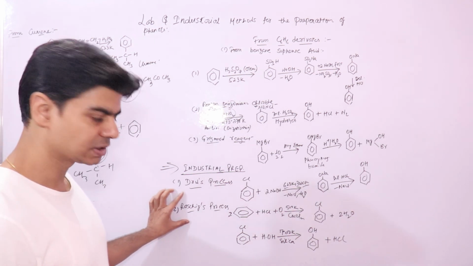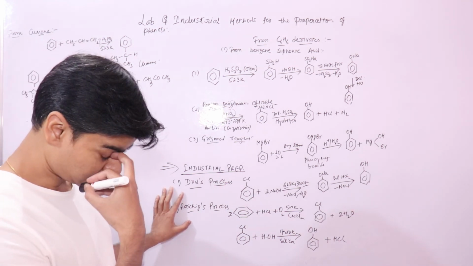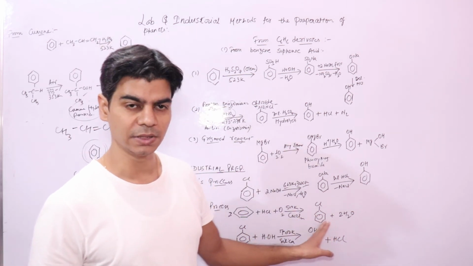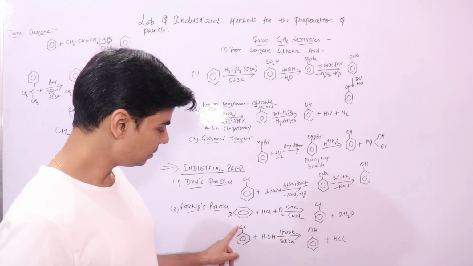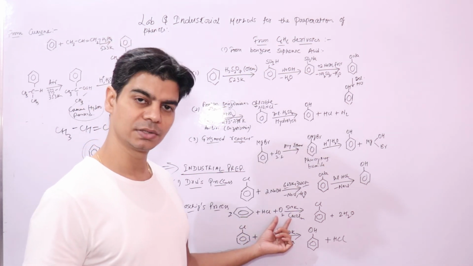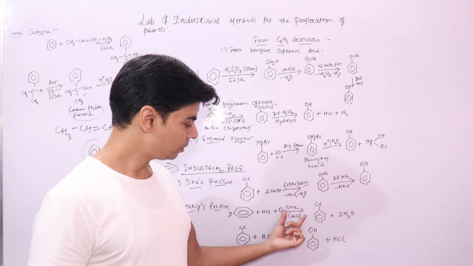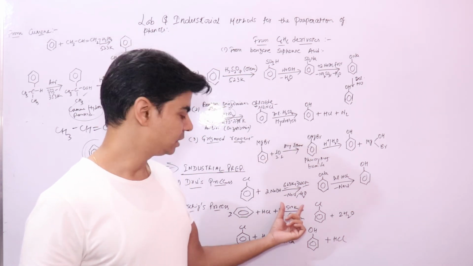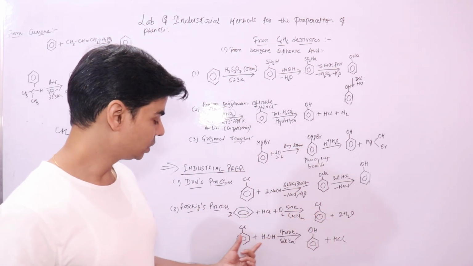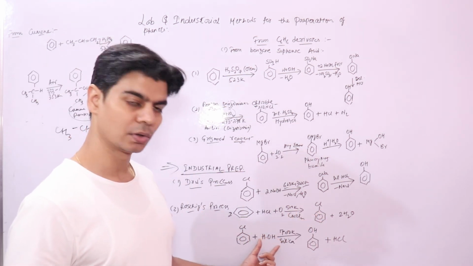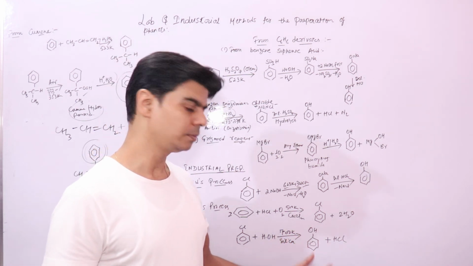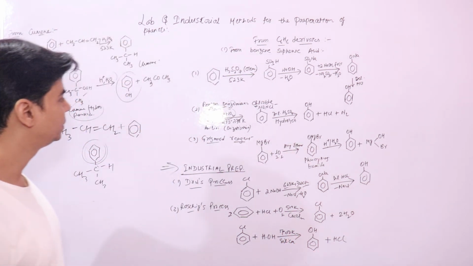Remember the name, Raschig's process. In Raschig's process, you prepare chlorobenzene from benzene by passing benzene vapors, HCl and oxygen over cuprous chloride catalyst at 500 kelvins. Now this chlorobenzene will undergo hydrolysis in the presence of silica at 700 kelvins to form phenol, right? I hope this is clear.